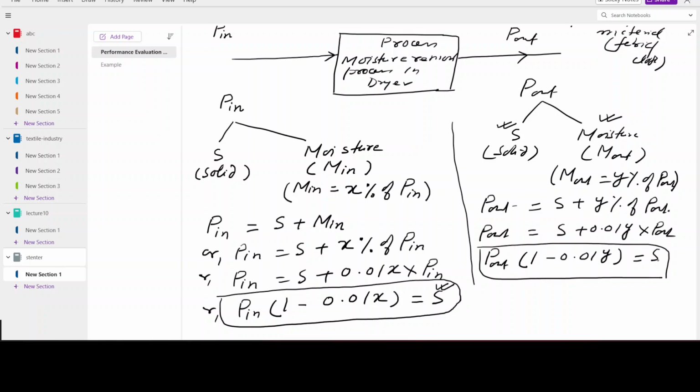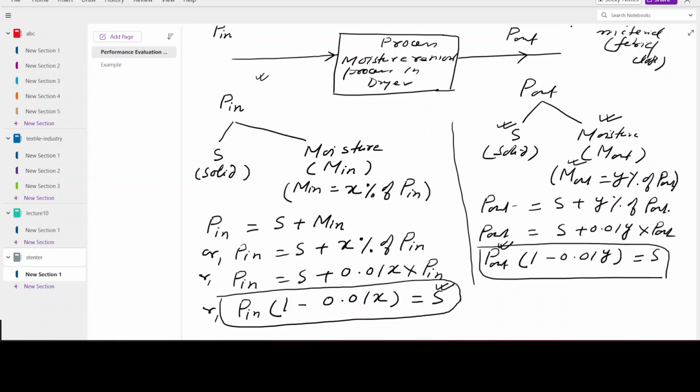If we have found S from the input side, this S can be used on the output side because this solid S does not vary. So we can find out P out here, and using P out, if we have been given the percentage of output moisture, we will be able to find M out, the mass of moisture that is getting out.